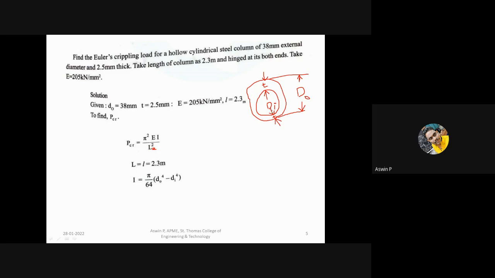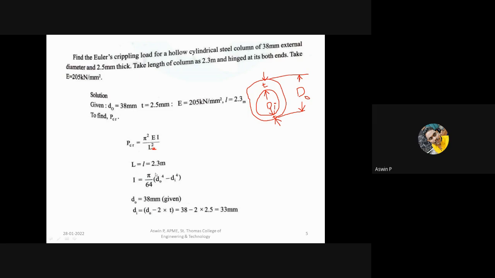If you have any doubt, you can ask now, because it's an important equation. From the figure itself you can understand this: 38 minus 2 into 2.5, or 38 minus 5, that will be 33 mm. So Do is 38 and di is 33.